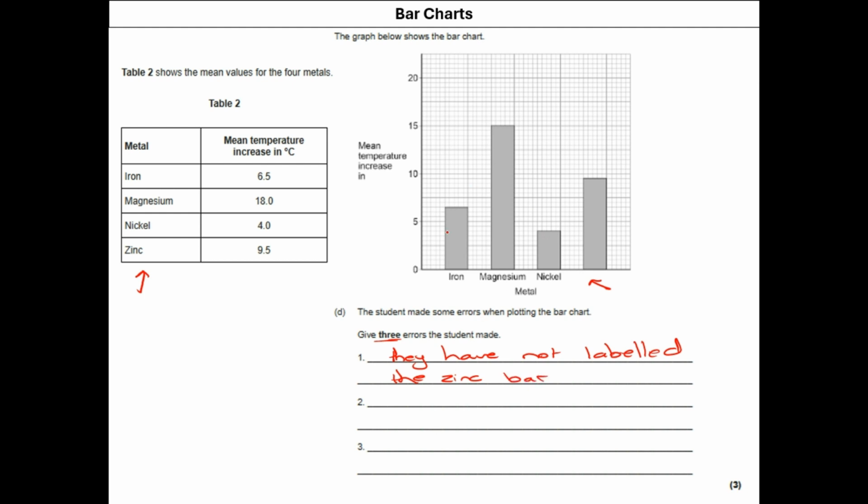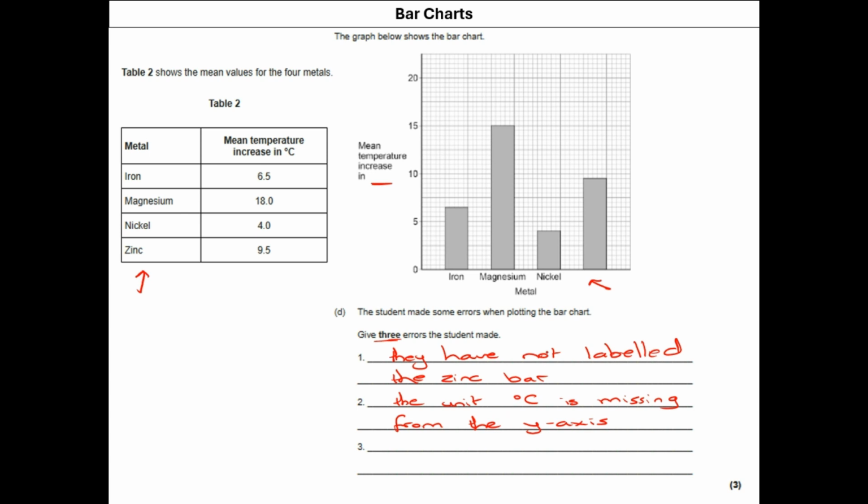Right, what else are we missing? So we've got all the numbers at the side. They go up correctly. Mean temperature increase in, well, the unit's missing there. So the unit degrees C is missing from the y-axis.